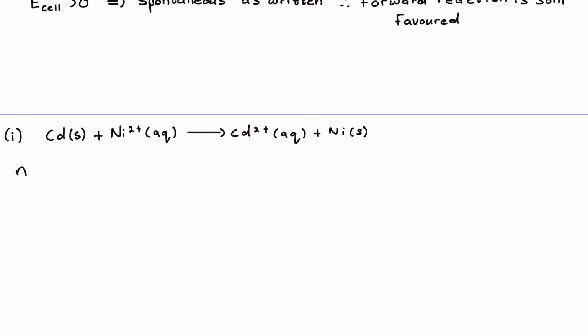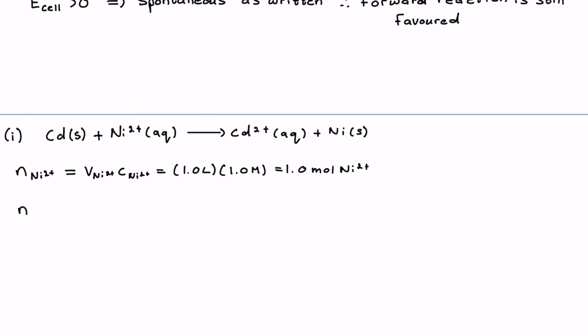And we're told that our nickel 2+ species has a moles amount of the volume of nickel 2+ times the concentration of nickel 2+. We're told we have 1 liter of this solution and it has a concentration of 1 molar. So that means we have 1 mole of nickel 2+.